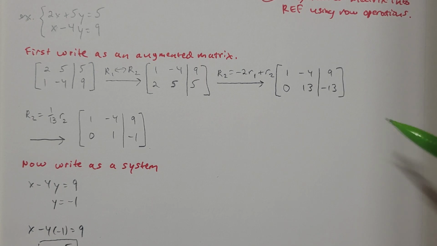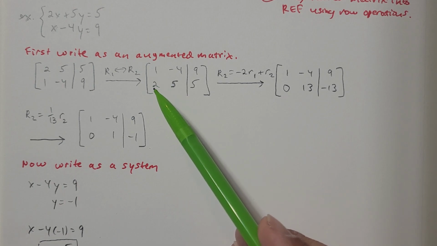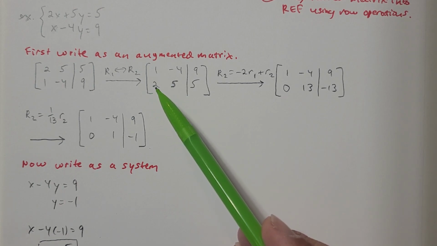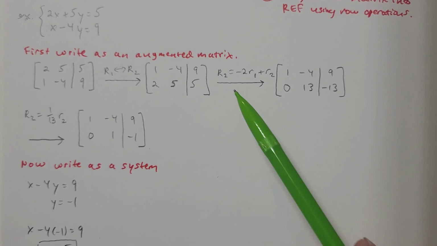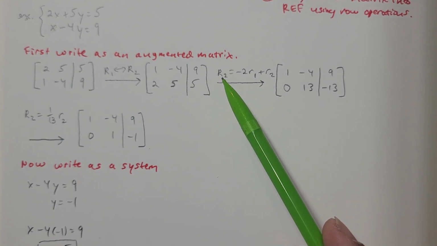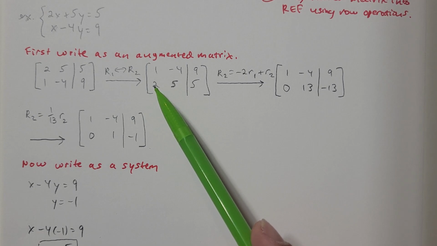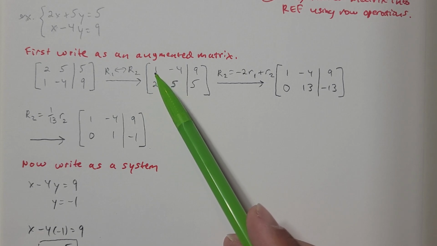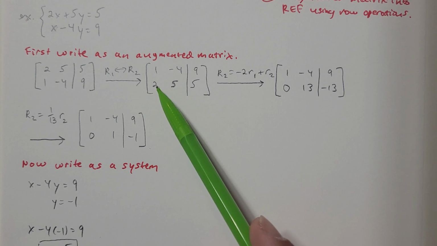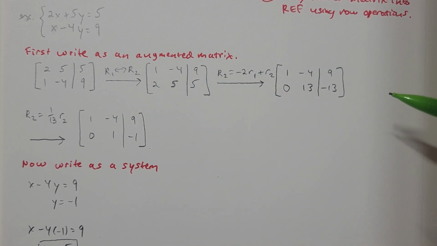Okay, so directly below this 1 here, this 2 needs to change into a 0. We'll get column 1 set. So I need a new row 2. How I'm going to change that 2 into a 0 is if we take -2 times row 1 and then add those numbers to row 2. Okay, so you guys will have to come up with the row operations here in solving matrices.